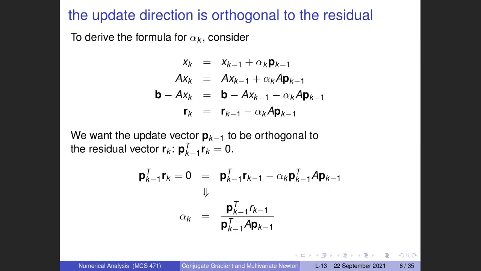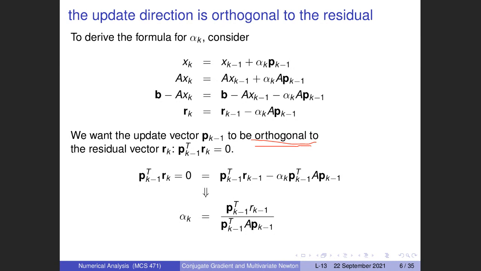So orthogonality will play an important role in the remainder of the course. We care about accuracy, so orthogonality will help us a lot in ensuring that. So here we will use the orthogonality to indicate that the residual vector and the update vector must be perpendicular to each other.